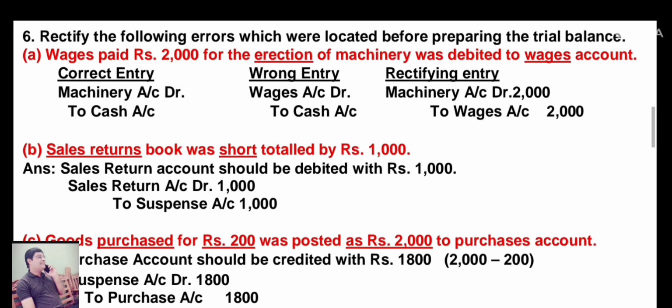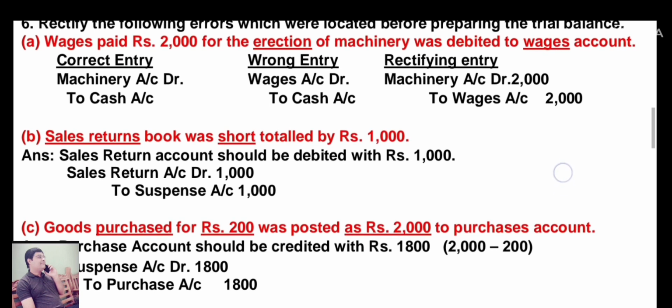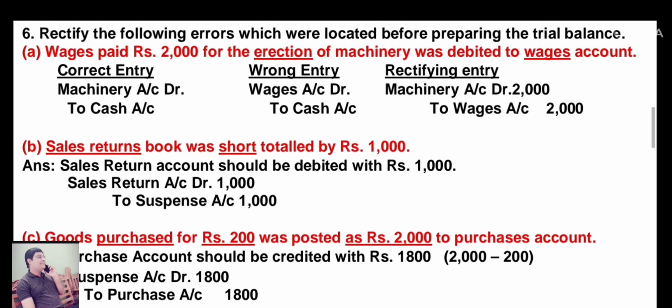See here in the answer, the correct entry is machinery account debit to cash account, because the erection installation charges must be added to the machinery. But instead of machinery, what did he do? He wrote wages account debit to cash account. Wrongly written as wages. So to cash is right. There is no mistake in to cash. Only the debit balance is wrong.